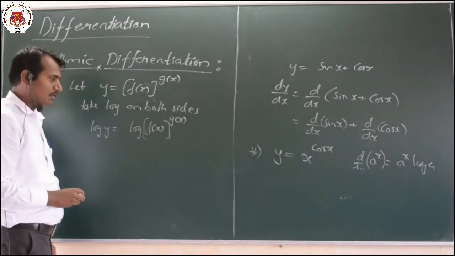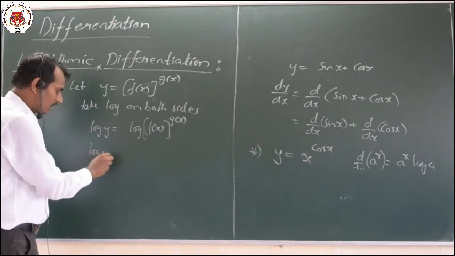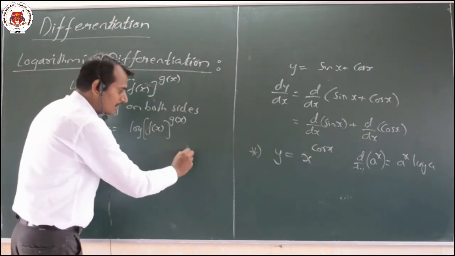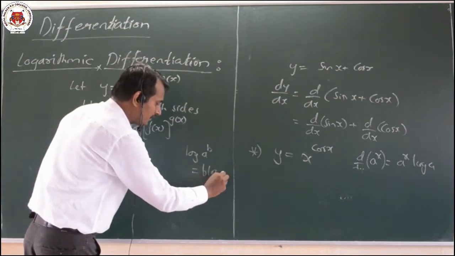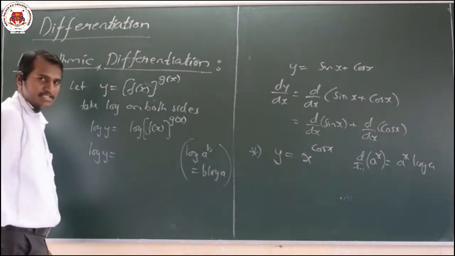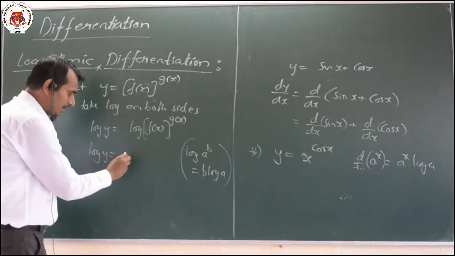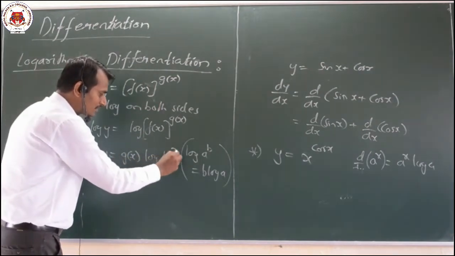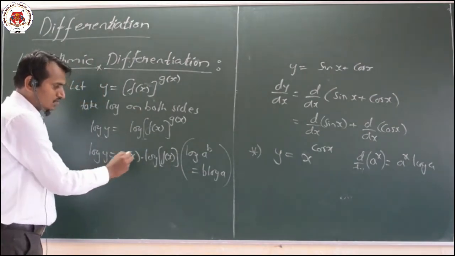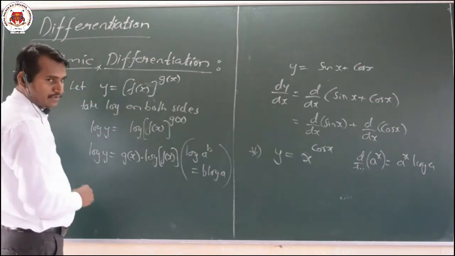In turn we get, by the property of logarithm, log a to the power of b means b log a, which we discussed in yesterday's session, log y is equal to g of x into log of f of x. Now these two terms are separate, so you can differentiate easily.